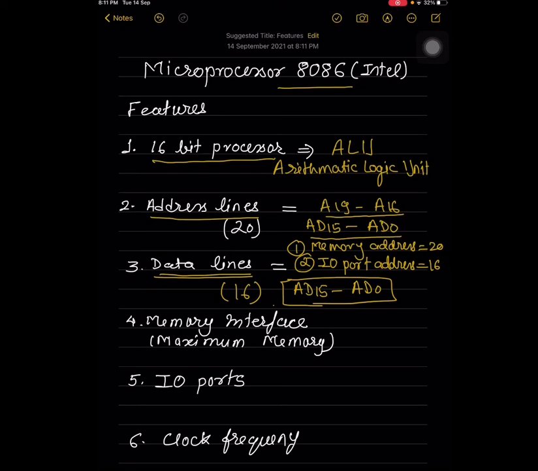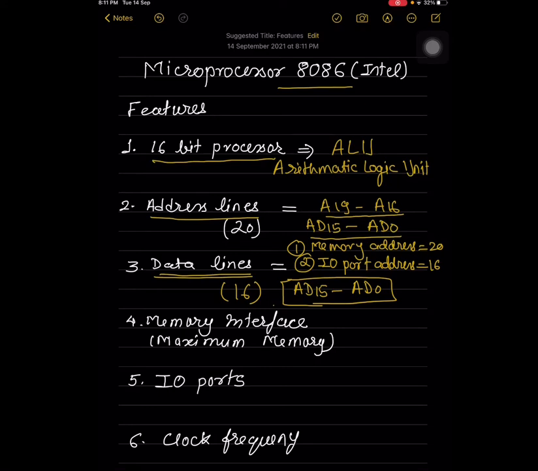That means when the processor communicates with any device, it can transfer data into the memory, or it can transfer data with any other device such as an input-output device, and this is done using the data lines. The data can be read from the memory or written into the memory.